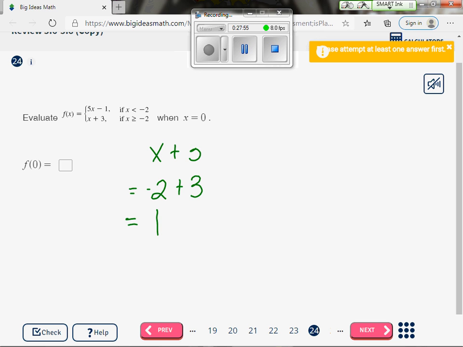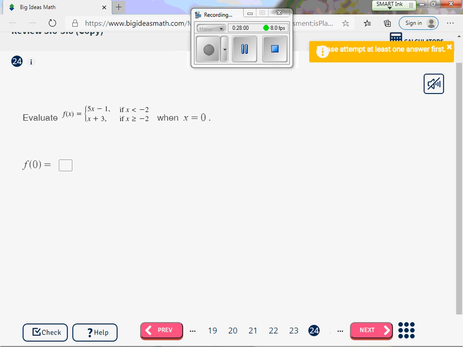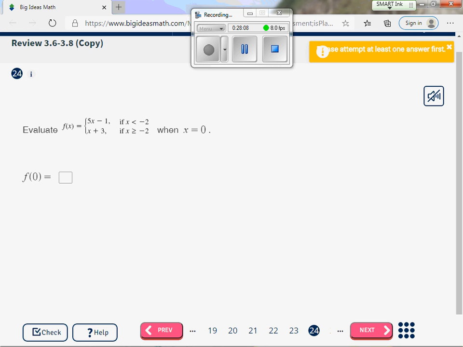Okay, well, let's look at it again with x equal to 0. Is 0 less than -2 or greater than -2? 0 would be greater than -2. So we're still going to use the bottom equation, x plus 3, and we're plugging in 0 for x.